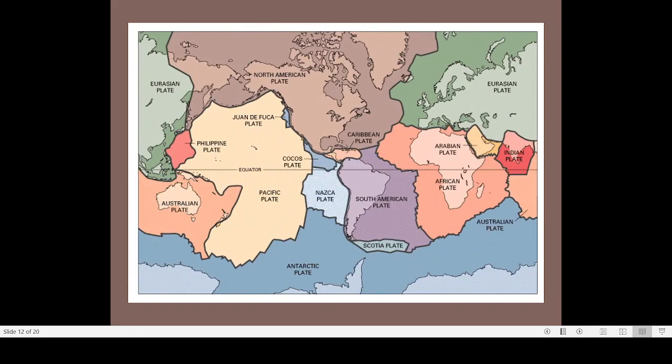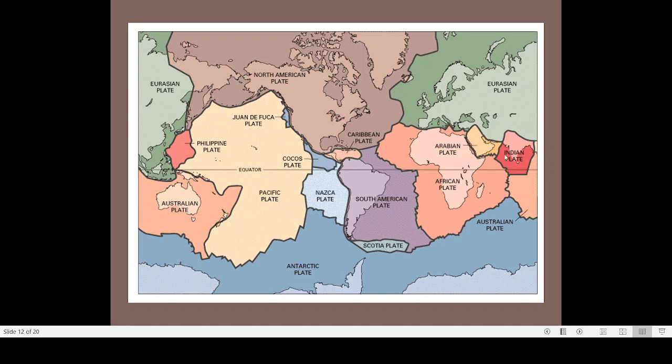We have different types of plates. There is the Australian plate, then the Eurasian plate, then the Philippines plate, then the Pacific plate. It is a very large plate, so the Pacific Ocean is there. Then the North American plate, the Caribbean plate, then the South American plate, and Scotia; these are all small plates. Then the Antarctic plate, the Australian plate, and the Indian plate.